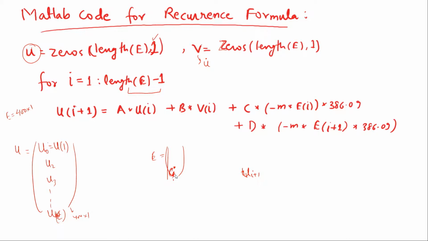So that is length of e minus 1, and u of i plus 1 would be a into u of i plus b into v of i plus c into this plus d into this. Here this multiplication is not necessary.